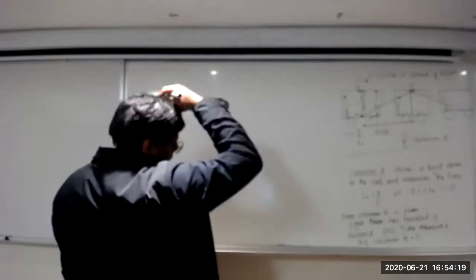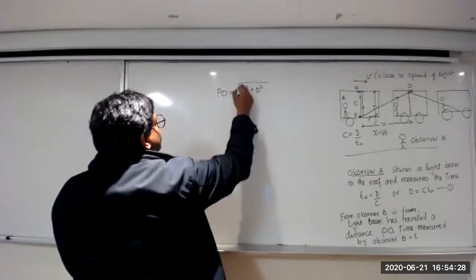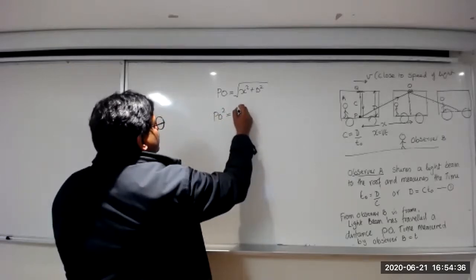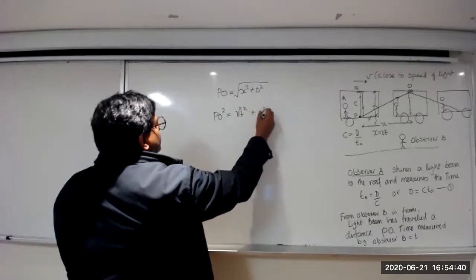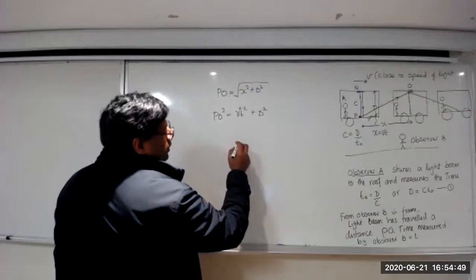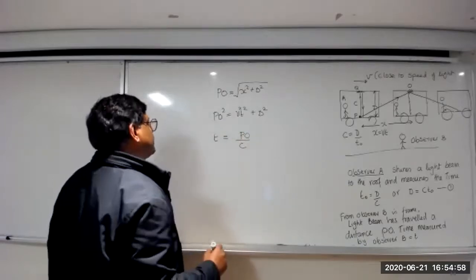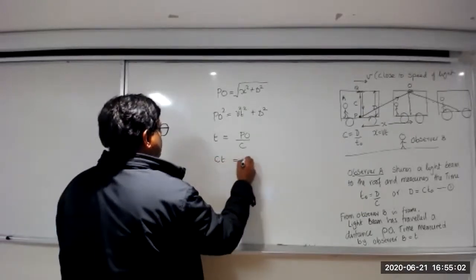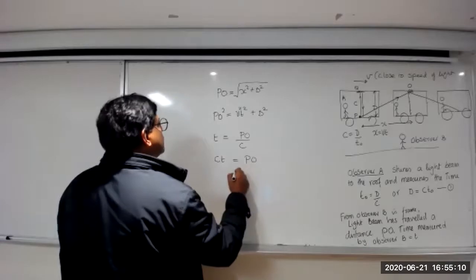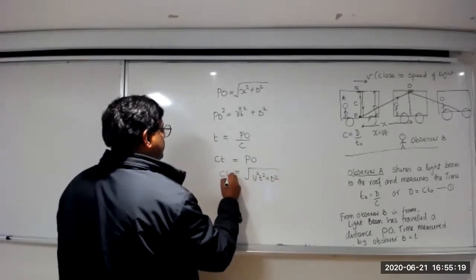So therefore, I can say PO squared is equal to x squared plus d squared, or PO squared equals V squared T squared plus d squared. Okay, so we can say the time T is equal to PO divided by still the speed of light c. The idea is to find the relationship between T and T naught.